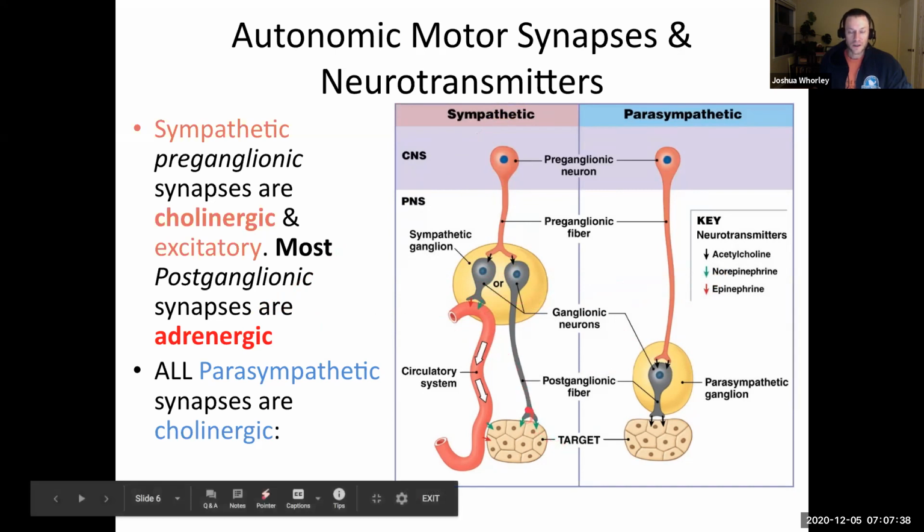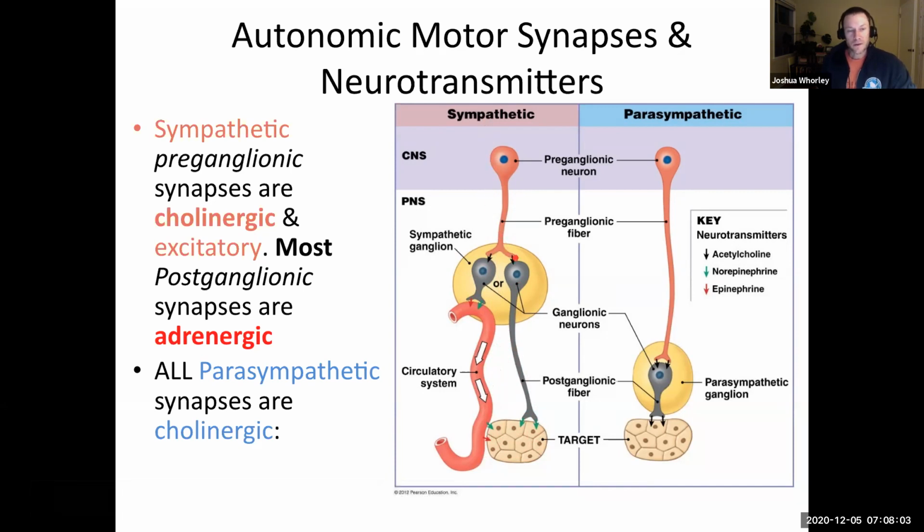When these cells synapse on targets, they're releasing norepinephrine. So this is the most common neurotransmitter of the sympathetic nervous system, but epinephrine is sometimes also used. So there's two ways. You can either release neurotransmitter directly onto target cells or release it into the blood, right? And then it gets to target cells later, right?